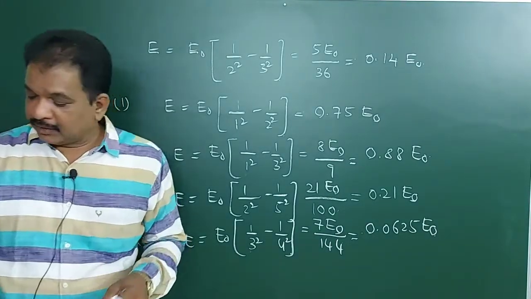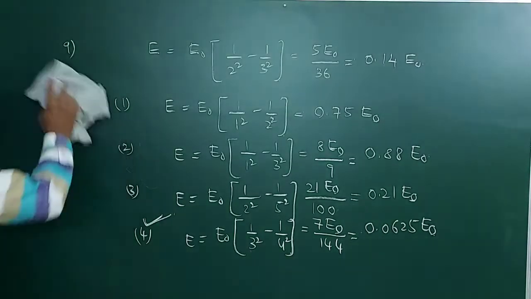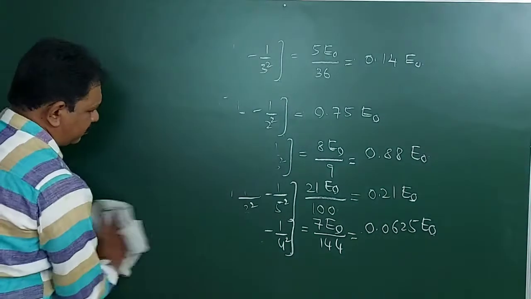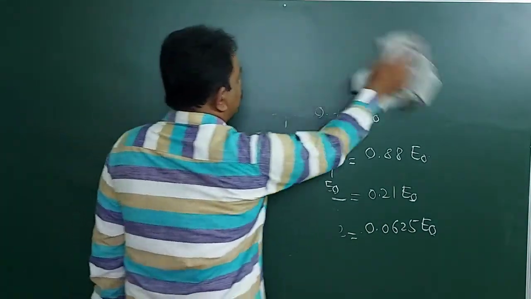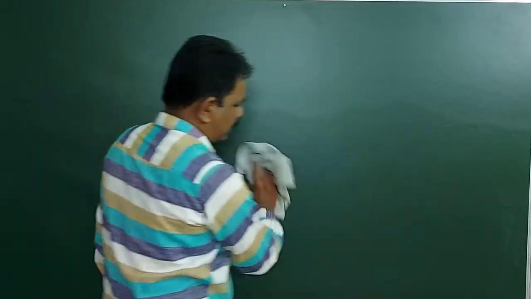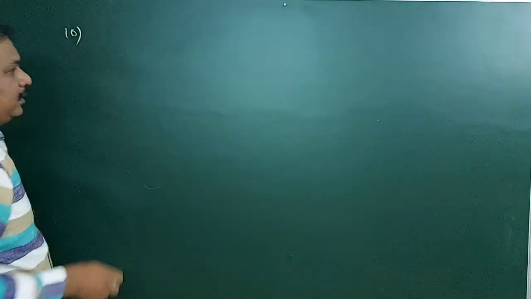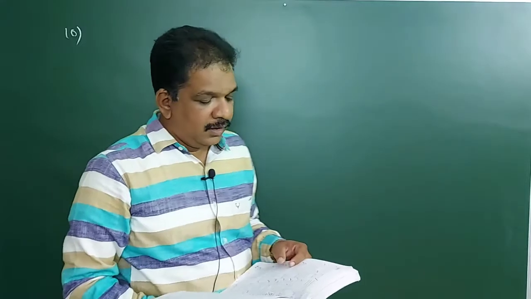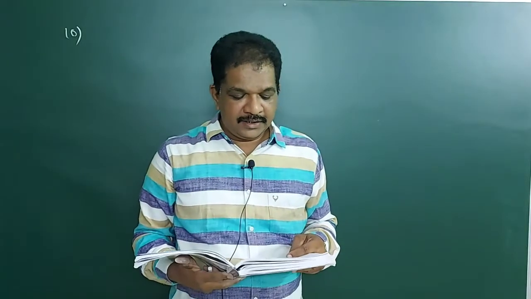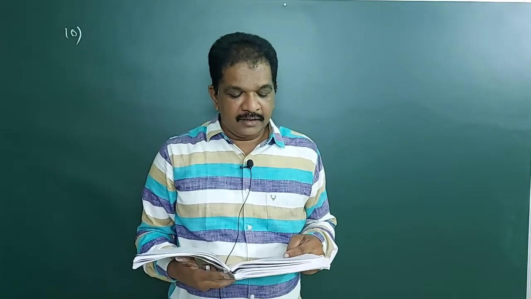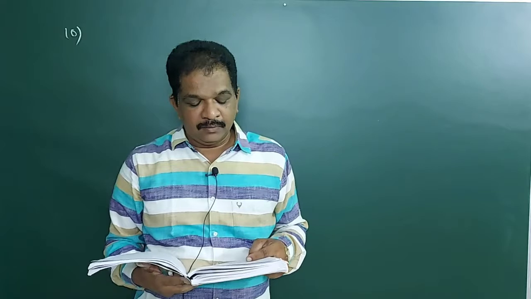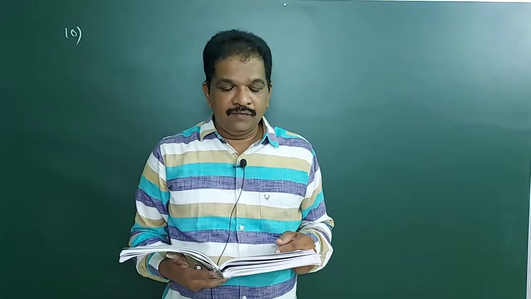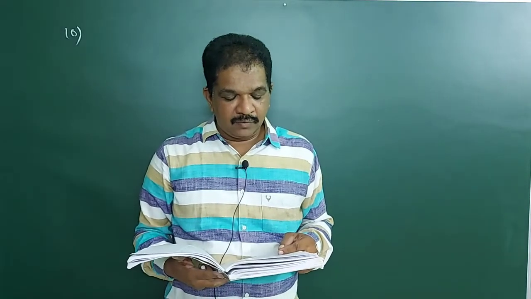Next, see the 10th question. What they are asking, see. The ionization energy of an electron in the ground state of helium is 24.6 electron volt.